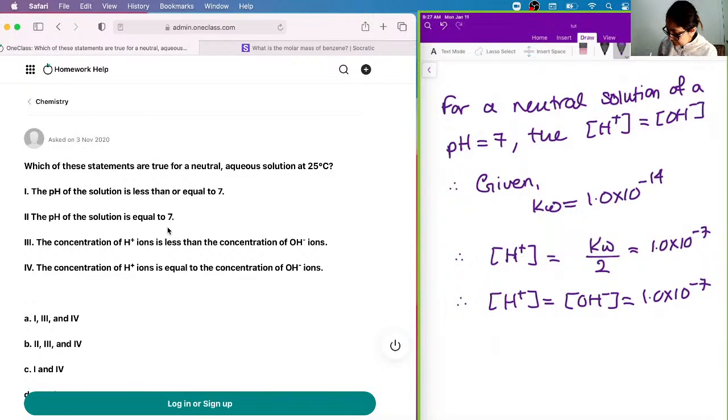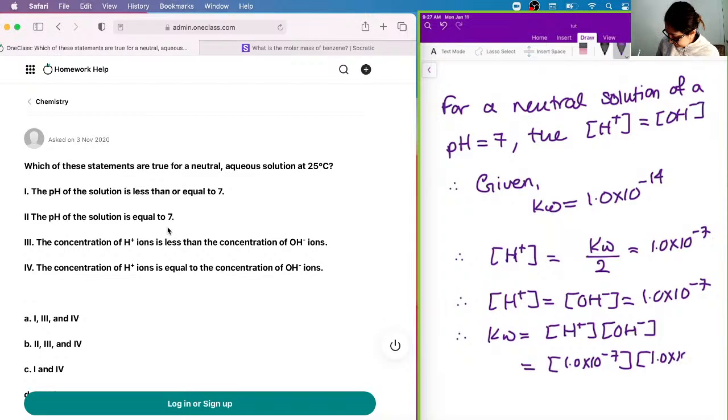Okay, and so therefore we can say since Kw is equal to your hydrogen ions times your OH ions, right, we can say that this is 1.0 times 10 to the power negative 7 times 1.0 times 10 to the power negative 7. And this is equal to 1.0 times 10 to the power negative 14.